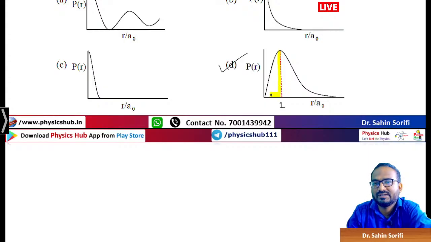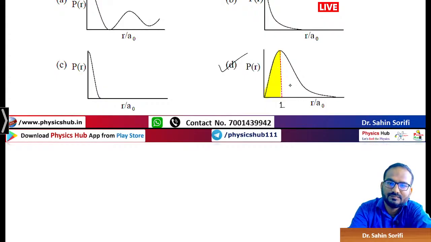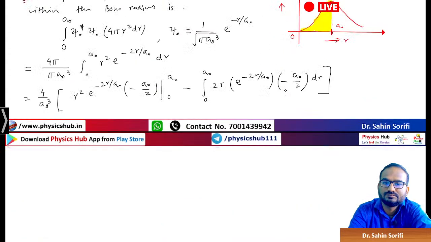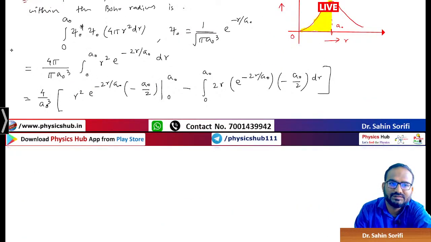Does it look like 90% of this total area? It is looking like less than 50%. We are expecting less than 50%. Let's calculate. Just tell me whether up to this you have understood the calculation.